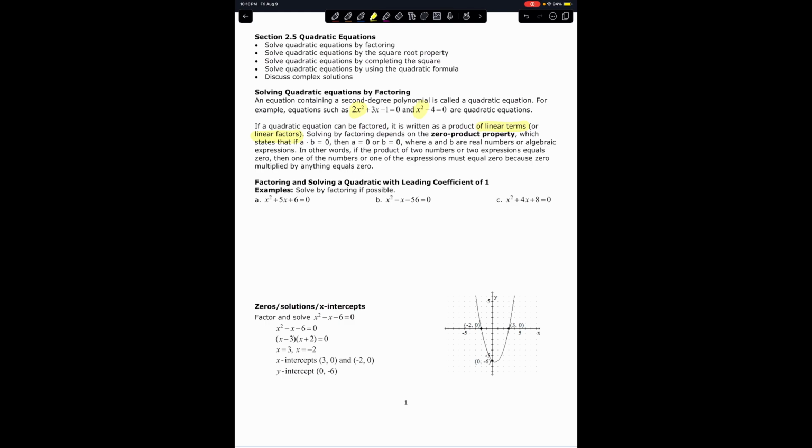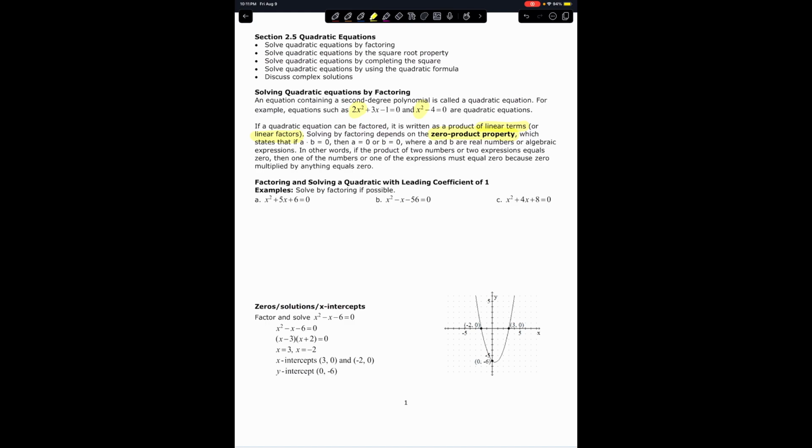Solving by factoring depends on the zero product property, which states that if a times b equals 0, then either a equals 0 or b equals 0, where a and b are real numbers or algebraic expressions. In simple words, if the product of two numbers or two expressions equals 0, then one of them must be 0, because 0 multiplied by anything equals 0.